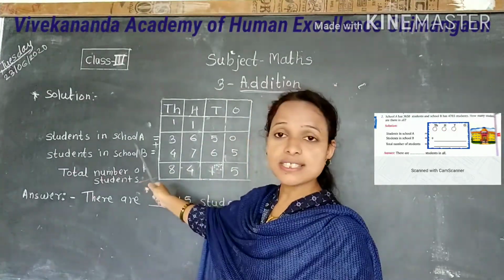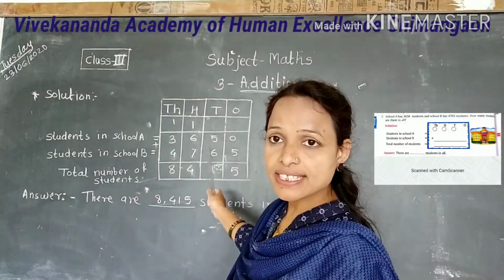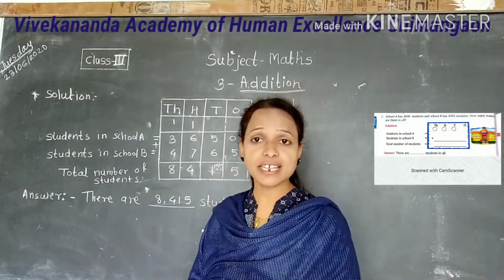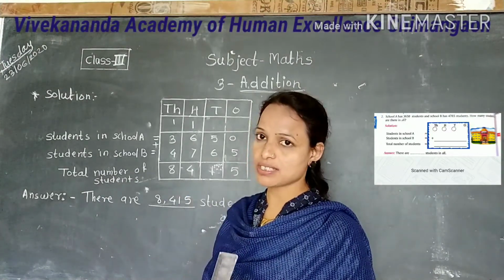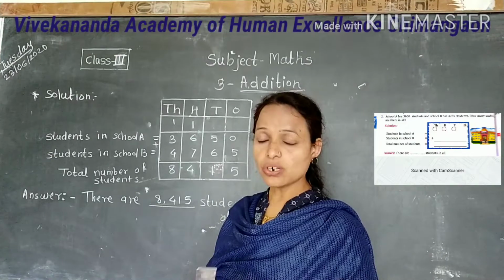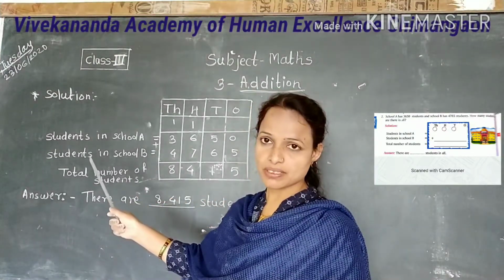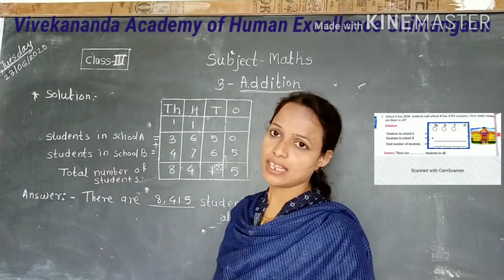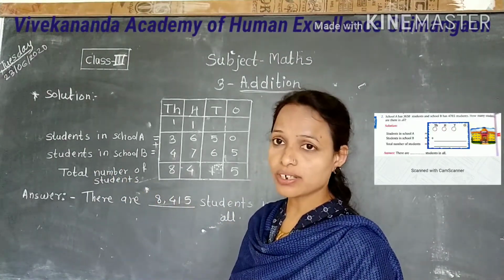And students in school B, 4,765. First we arrange the given numbers in columns according to their places. I told you, write the given number from the ones place and go left. Okay, so I arrange here. In the same way you have to arrange.